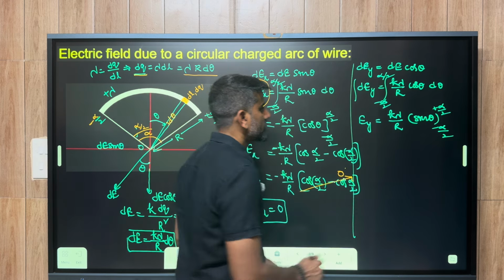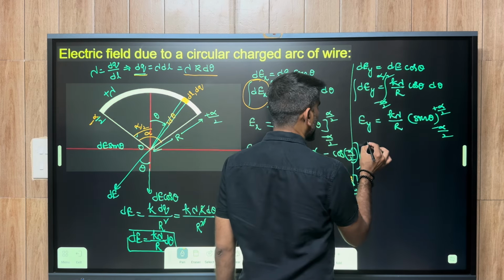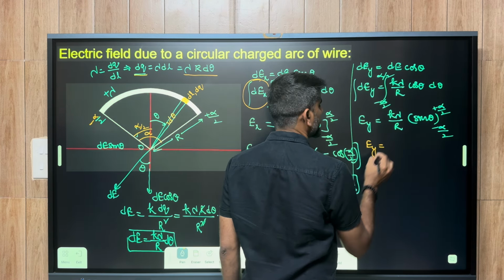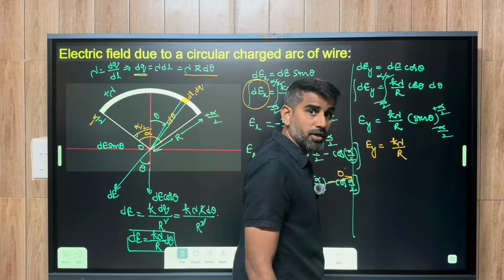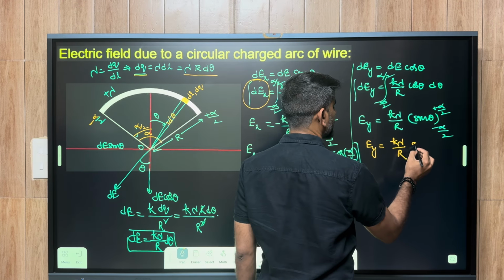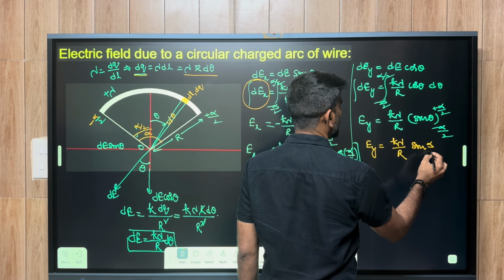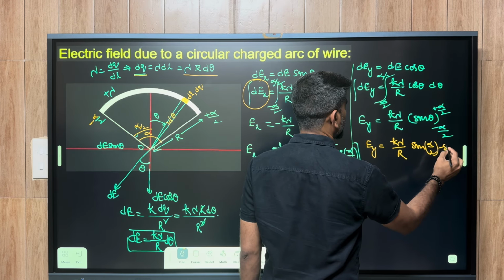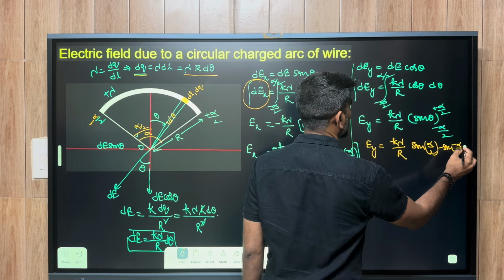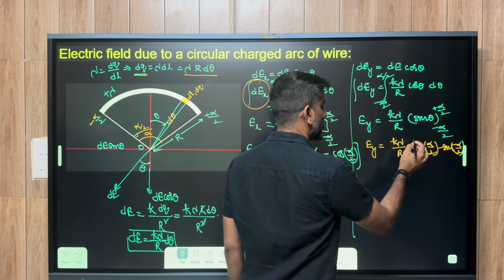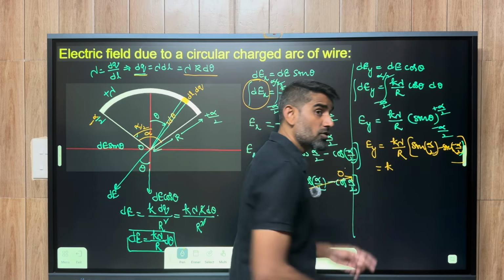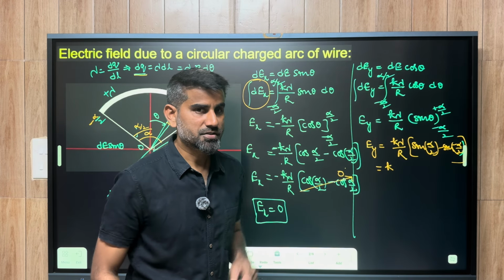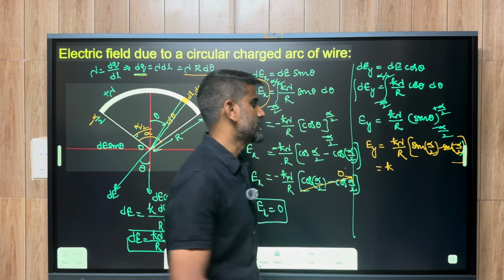Right? Now let's simplify these steps. Ey is equal to k lambda by r times sin alpha by 2 minus sin of minus alpha by 2. Now sine is an odd function, sin of minus theta is minus sin theta.